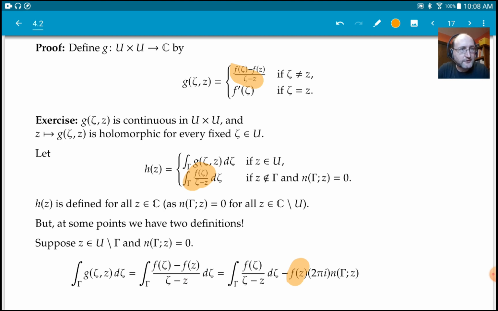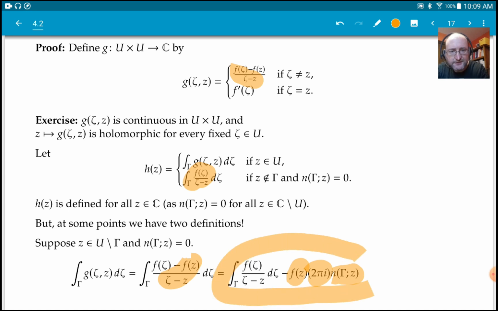Z is not being integrated. So we can pull f of z out of the integral of the second piece here, right? And then it's just the integral of 1 over zeta minus z d zeta, right? And that's, well, up to 2 pi i, that's the winding number of gamma around z, right?